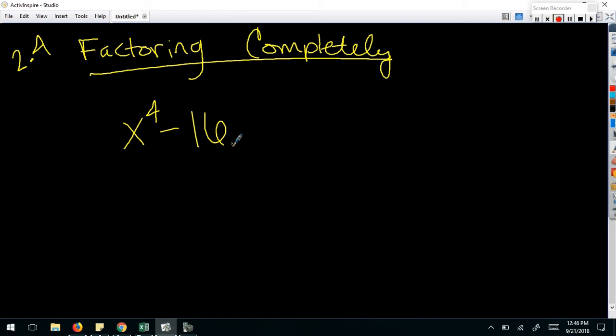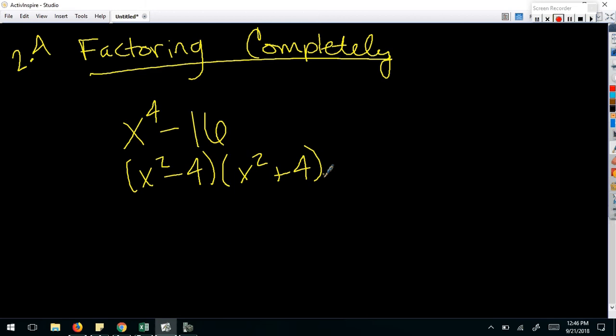X squared minus 4 is a special pattern. It's x plus 2 times x minus 2, because it's a difference of two squares. Factoring completely means that we factor it like this.